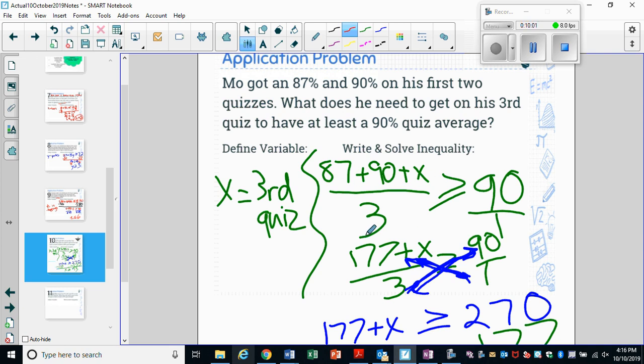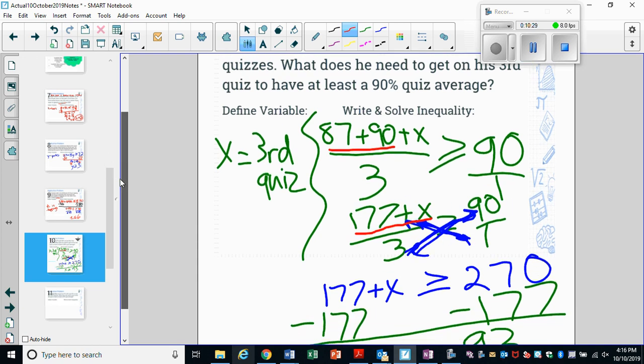Now, since this looks like a fraction, we wrote 90 as 90 over 1, because now we can set up a proportion. Now, one step we should take is right away add up the 87 plus 90. You get your 177, and now we'll do our cross multiplication.